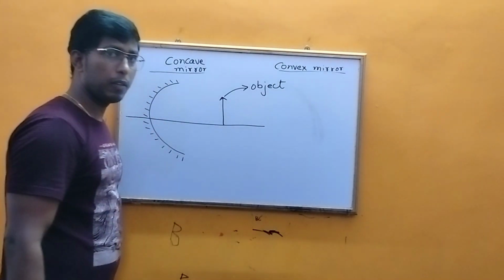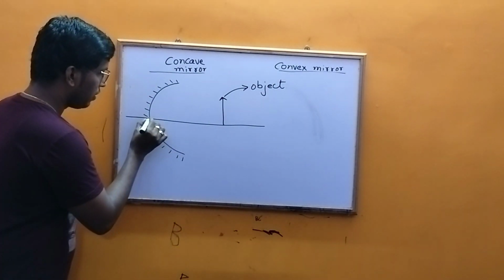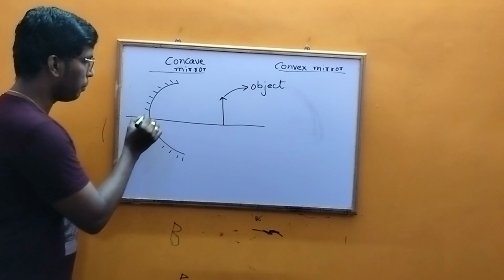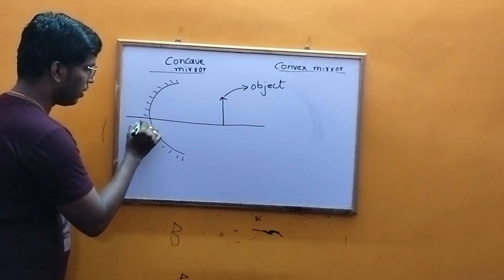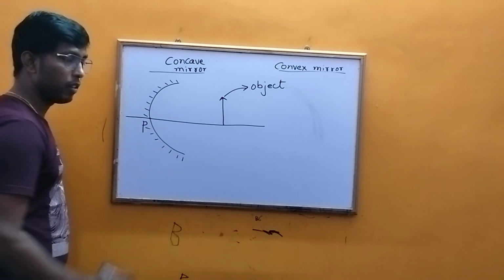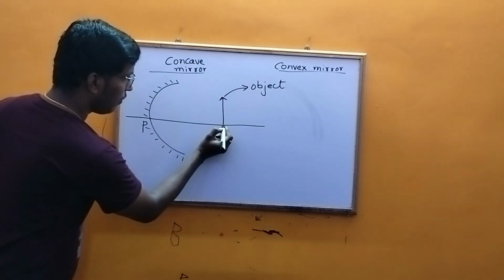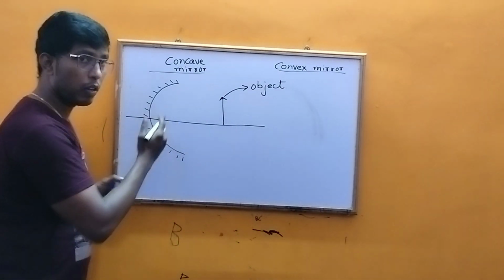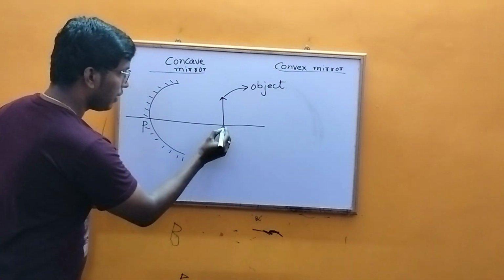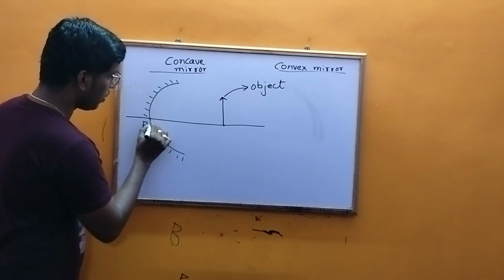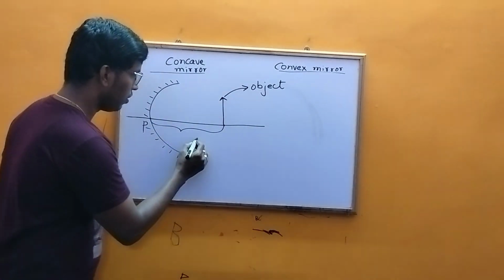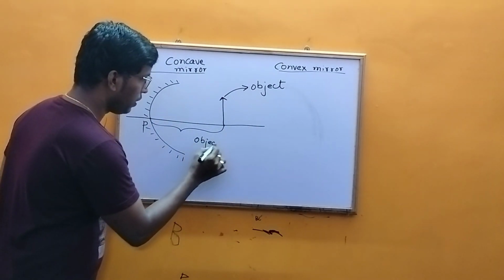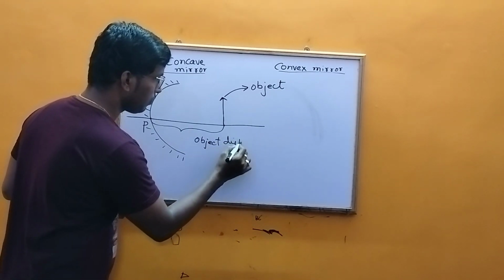And this midpoint on the surface of the curved mirror is known as pole P. Here I have placed one object in front of the concave mirror, and from this point to this point it is called the object distance. Understood? This is known as object distance.